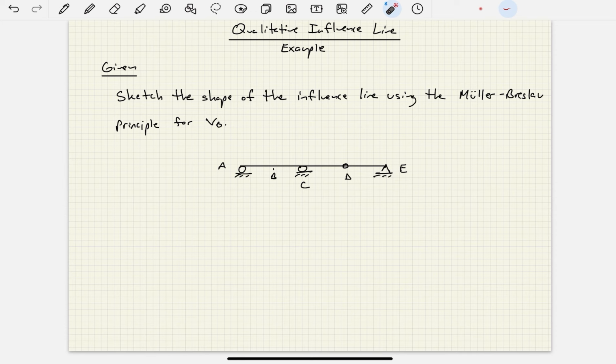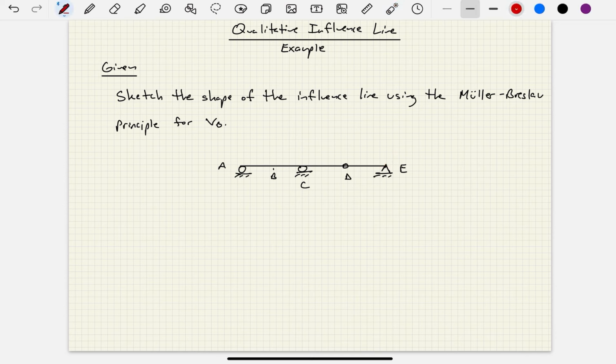So we're always going to be interested in VB, but the lines that we're going to draw show how VB changes as a moving load moves across this beam. So let's go ahead and do that.